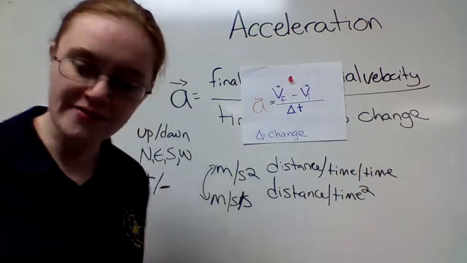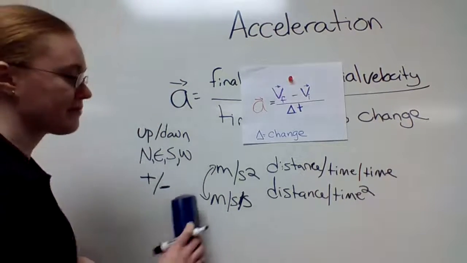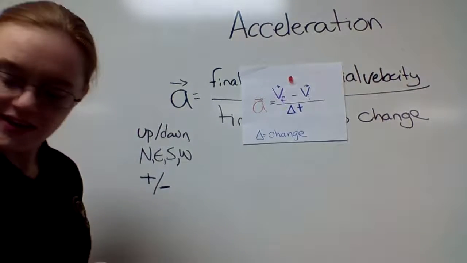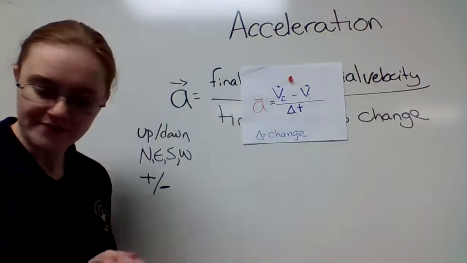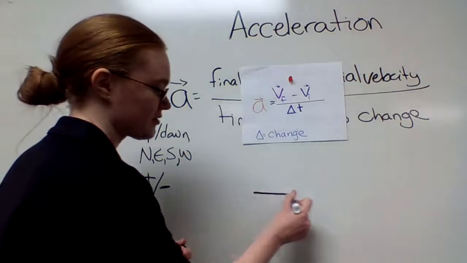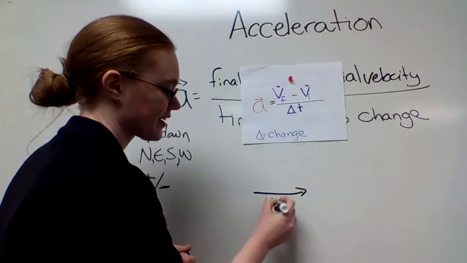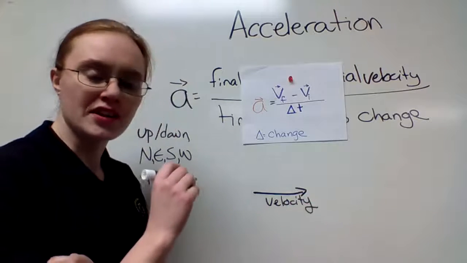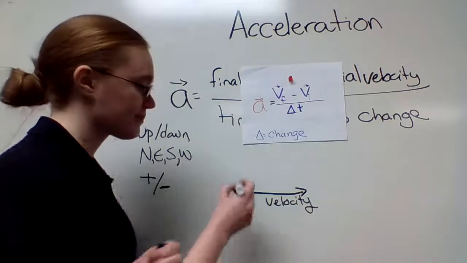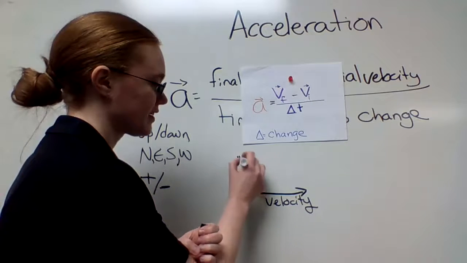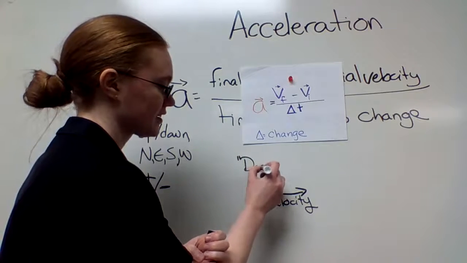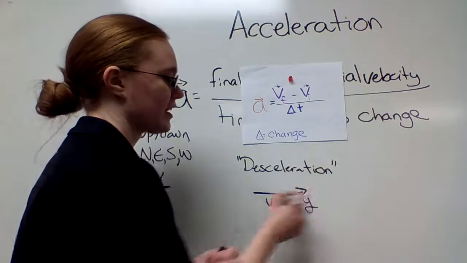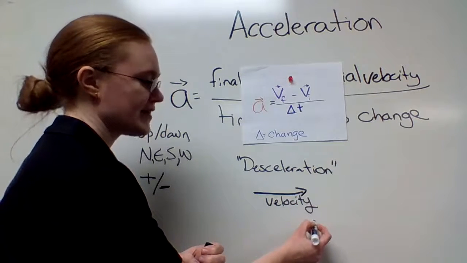So if you have something that is moving in this direction for velocity, and it's starting to slow down, I'll make a note up here so you know where I'm at. It's starting to slow down.